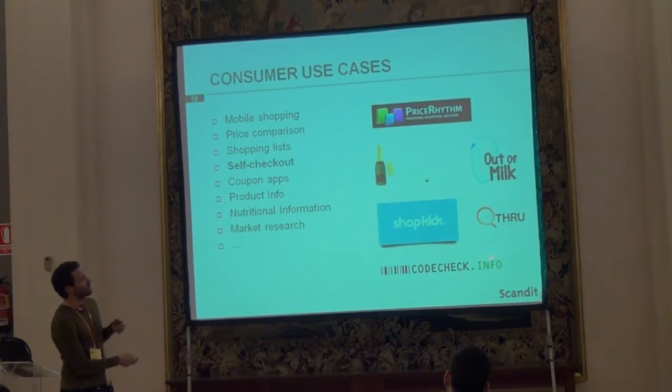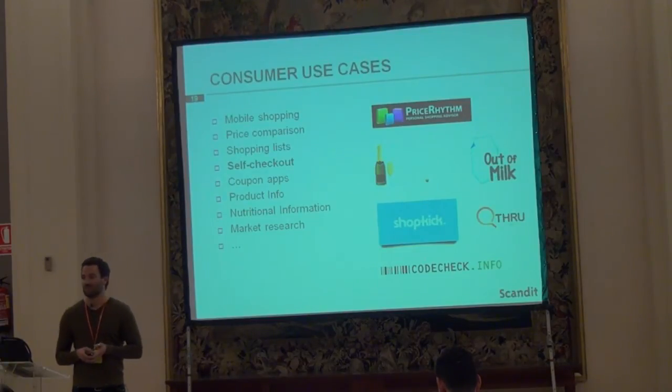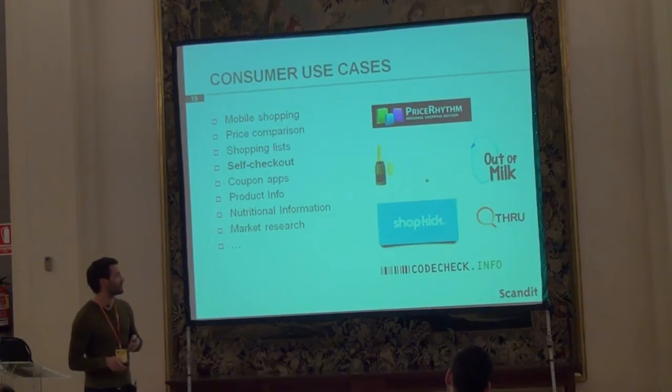You may have heard, for example, of Shopkick, an app based out of Palo Alto that is very popular in the US and helps retailers drive foot traffic to stores and incentivizes people to engage with products in stores more often, and results in higher volumes of transactions and transaction frequencies.